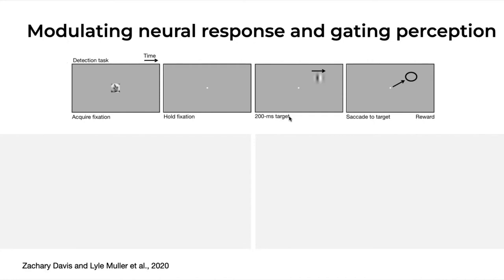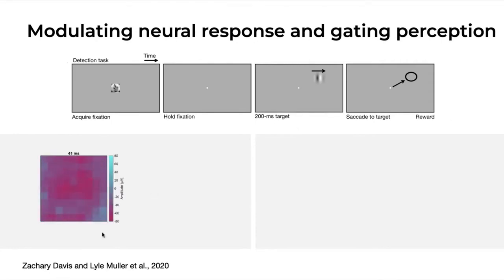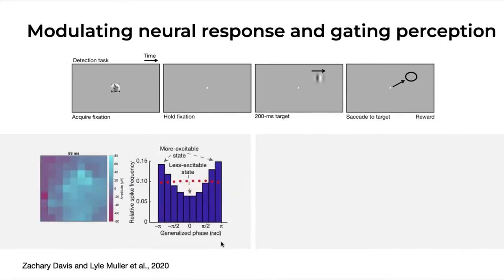When the authors investigated what happens in the spontaneous activity before the target showed up, they found that this activity actually propagated in waves, and this is what we've seen before. This was recorded with a microelectrode array implanted in the visual area MT. Next, they wanted to know if the more excitable state of these waves actually increases the spiking probability of the underlying tissue.